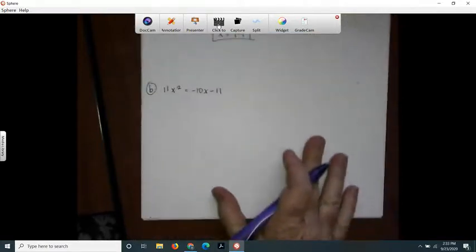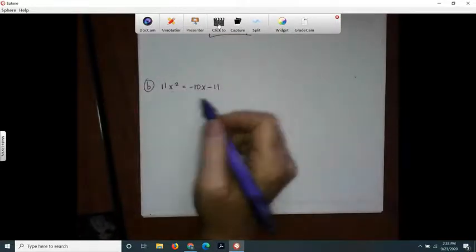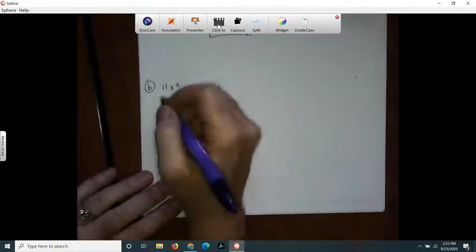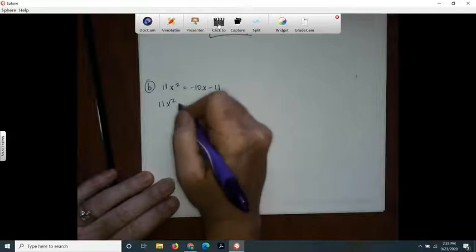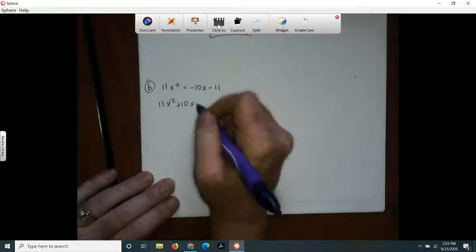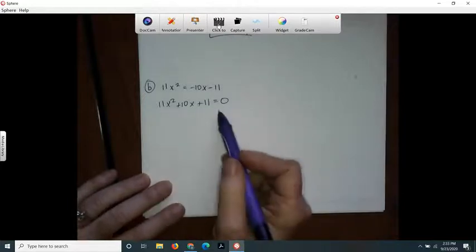Okay, letter B. We're just supposed to solve it. So we don't know what we're going to do yet, but let's get it in standard form. I have to add the 10x to both sides and add the 11. I don't see any greatest common factor.